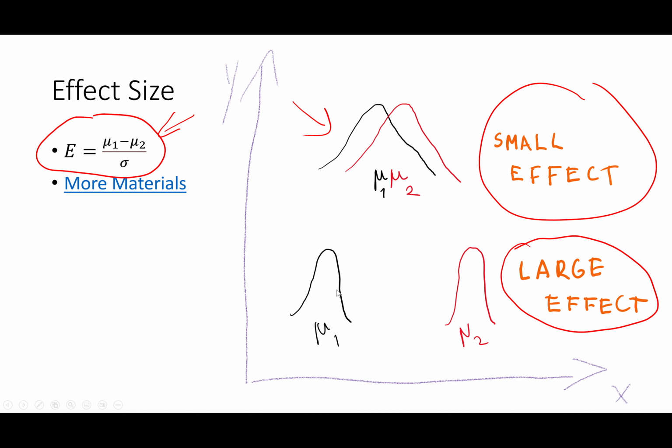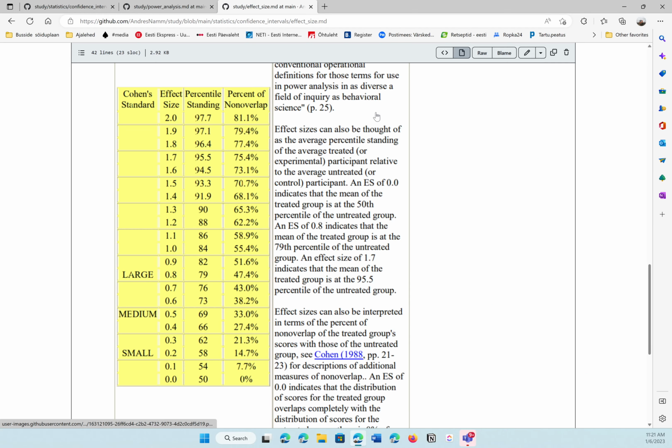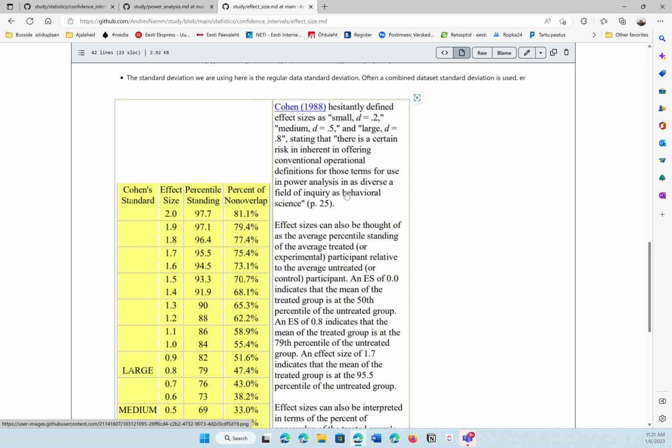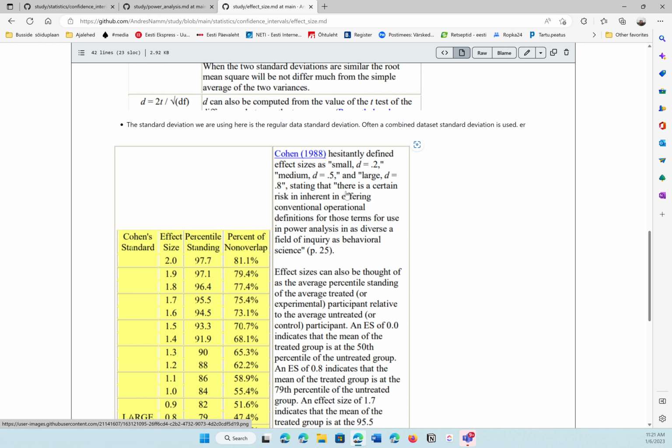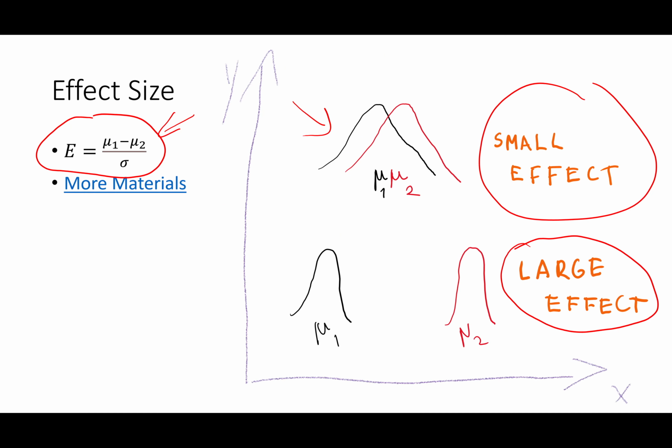Here the percentage of non-overlap is actually 100, but here the percentage of non-overlap is much smaller. And the larger effect you have, the larger the percentage of non-overlap you will have. So this effect size is something that needs time to understand well, but it's very important.